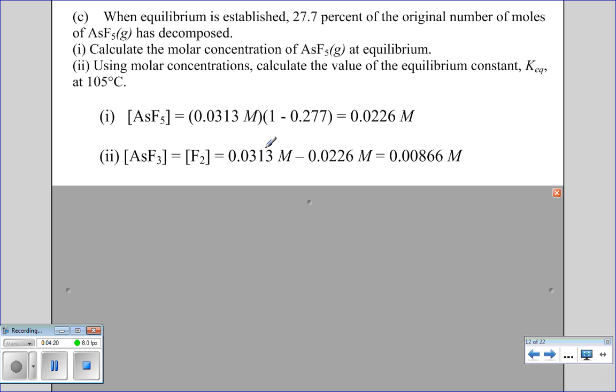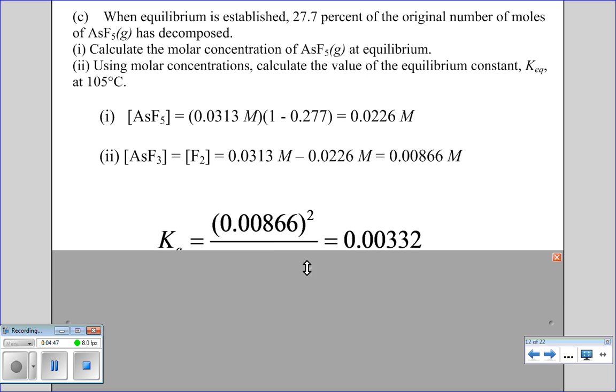So if I started with 0.0313 moles and at the end I only had 0.0226 moles per liter, that means I must have made 0.00866 moles per liter disappear. That has to be the concentration of both my arsenic trifluoride and my fluorine gas.